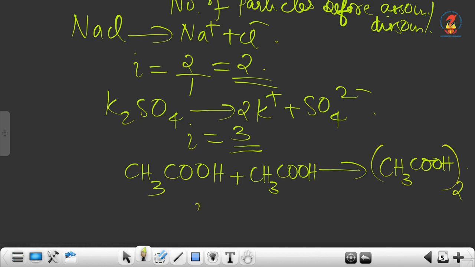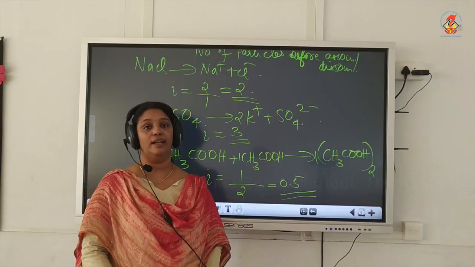So here the i value will be the number of particles after association, that is 1. Look at the stoichiometric coefficient here, it is 1. So 1 divided by the number of particles before association, which is 2, 1 and 1, 1 plus 1, 2. So it is equal to half, or 0.5, i value. So this is how we calculate the i value.